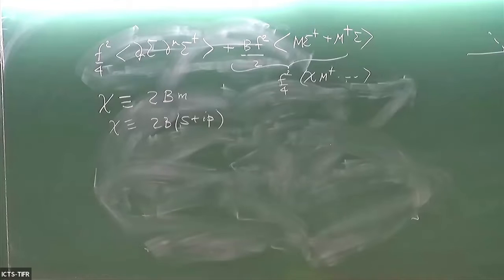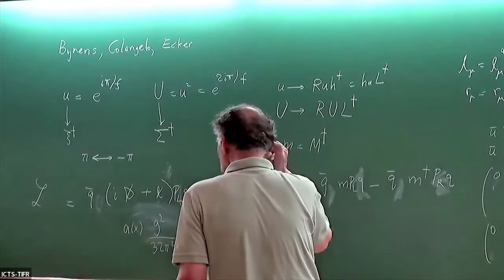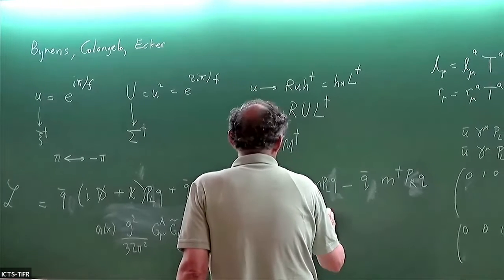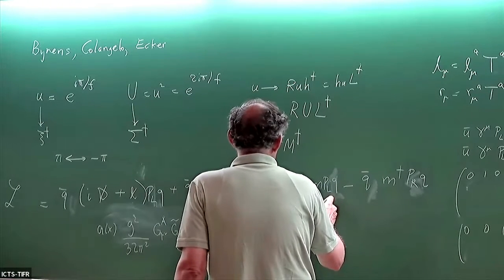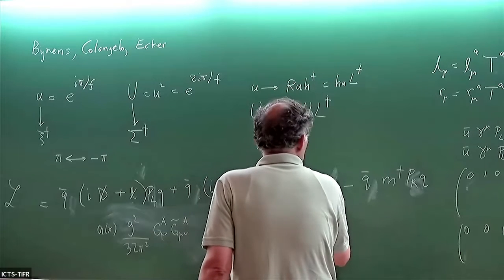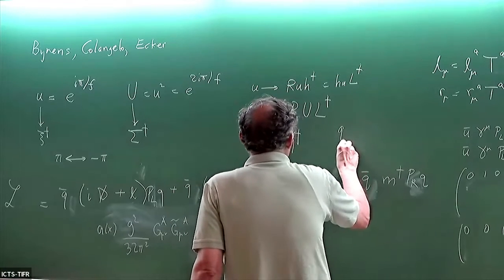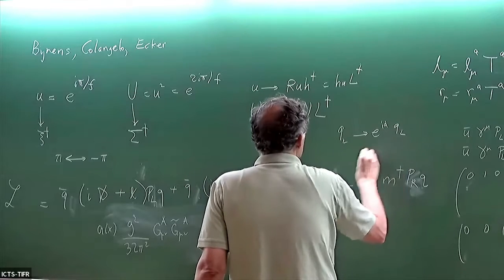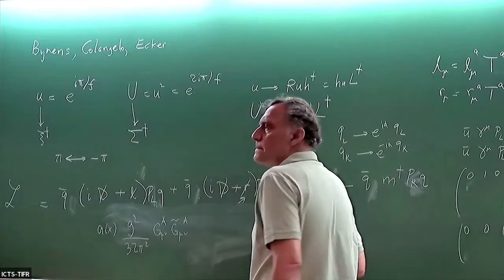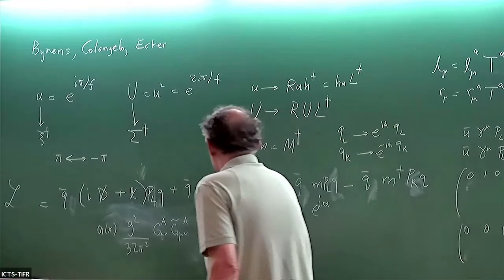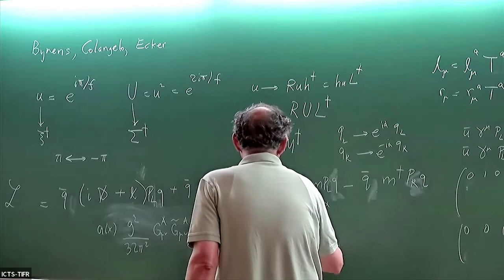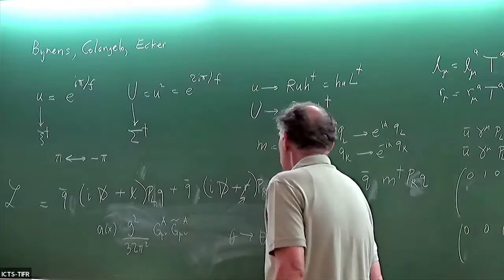Now, if I make a chiral rotation, and I'm sure I will get the sign wrong, an e to the i alpha rotation on the left-handed field, and e to the minus i alpha on the right, so q left goes to e to the i alpha q left, q right goes to e to the minus i alpha q right, then theta goes to theta minus twice the number of flavors times alpha.